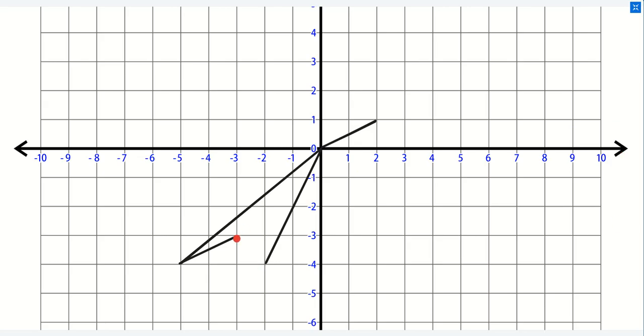Then it will continue all the way to this place. Yeah, I'm supposed to do it like this. Yes, mistake.